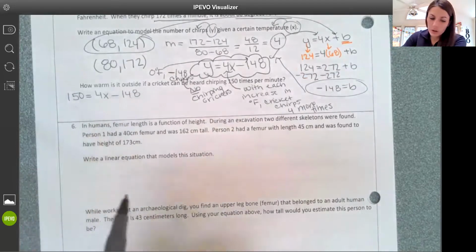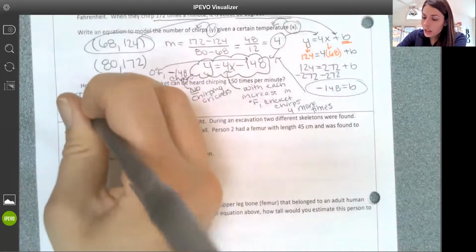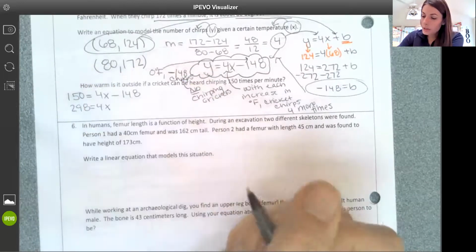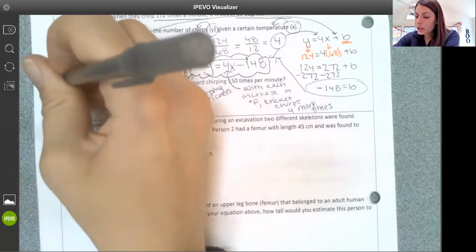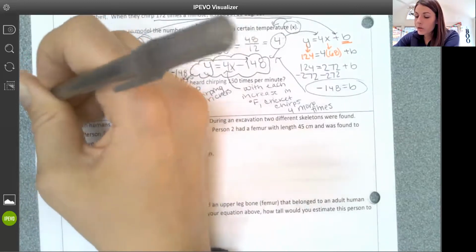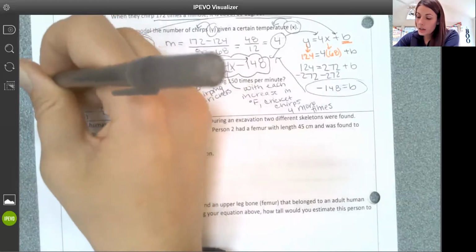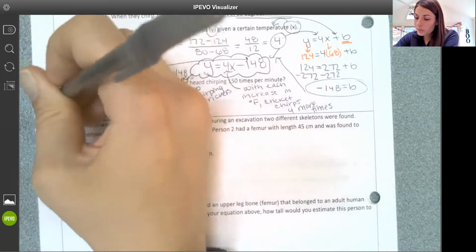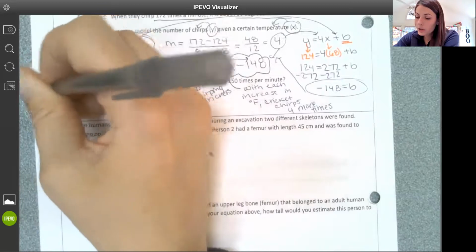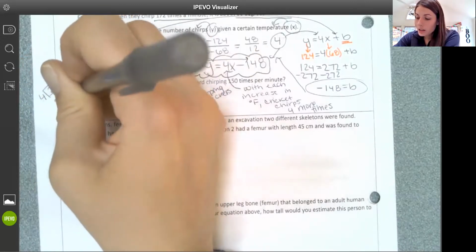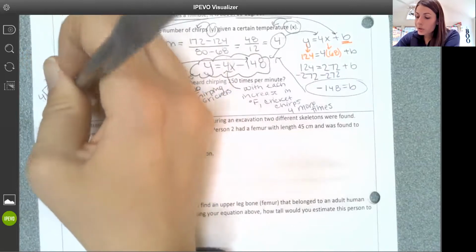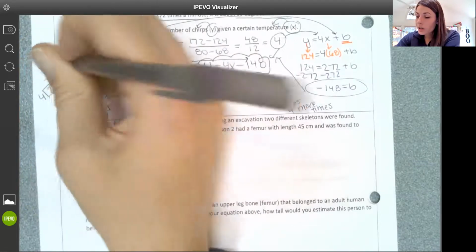Adding 148 over gives me 298 equals 4x. And dividing by 4, so 298 divided by 4, 4 goes into 29 7 times. Gives me 18, 4 goes into 18 4 times, gives me 16, leaves me with 2. 2 out of 4 is a half.